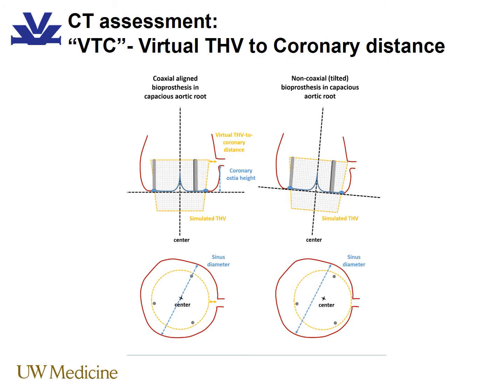And you could see in the image below on a transverse cut of that, what that would look like. On the right side, you could see when there is a tilted bioprosthetic valve, and despite it being in a somewhat capacious aortic root, you still could run into the problem of coronary obstruction due to the distortion of the way in which the TAVR valve will ultimately sit in place.